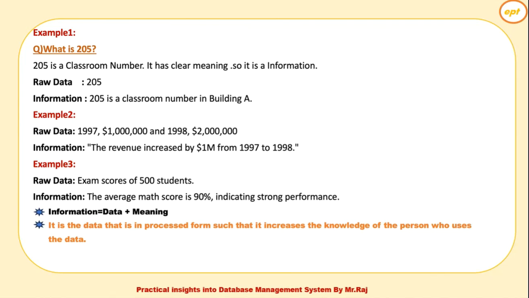Earlier I just asked you 1997 and 1 million and 1998 and 2 million. You don't have any information. After processing, when I give information to you, the revenue increased by 1 million from 1997 to 1998, then what will happen? Your knowledge is able to increase with respect to that particular data, right? Isn't it?